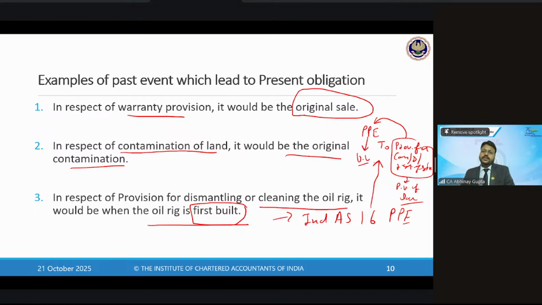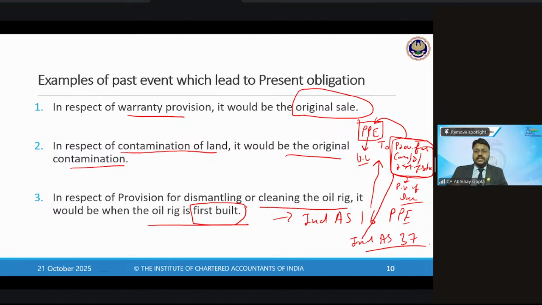Right. So you must have already studied this, but Ind AS 16 was dealing with only this leg. How this provision is getting recorded in that entry is by virtue of Ind AS 37. Yes or no? Right.